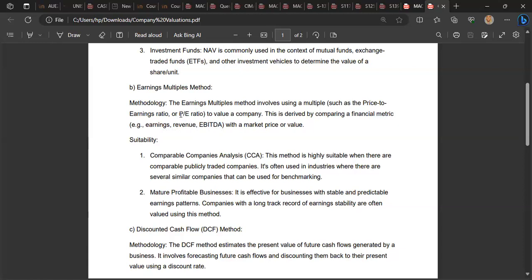So this ratio, your price earnings ratio, basically makes use of your financial statements, right? And then in your financial statements, you are looking at this part here, which is earnings. And then we know for a fact that earnings can be manipulated. And then we also know that earnings take into consideration non-cash items, so which are maybe expenses and incomes that are not really expenses and incomes in the real sense.